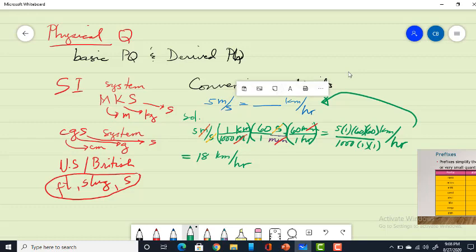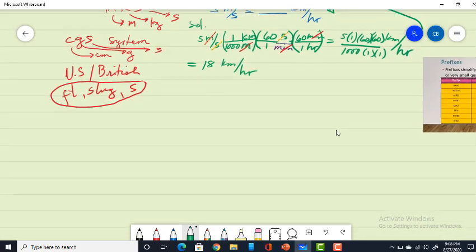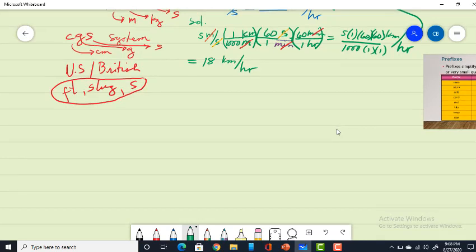So let's consider another example. What if you are given derived physical quantities with square or in cube? Sample, density. Density is a physical quantity.